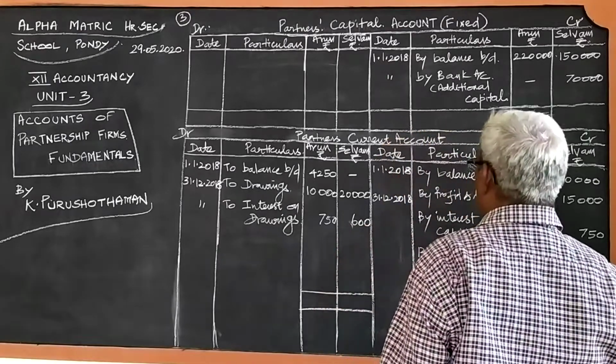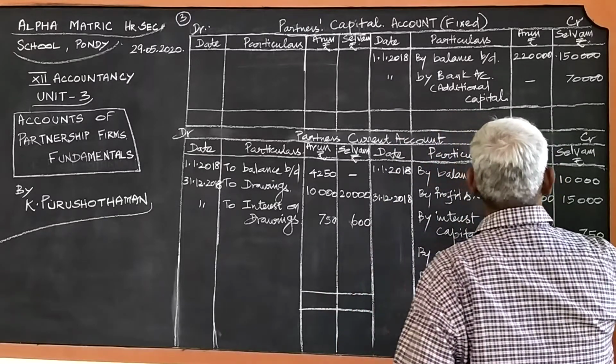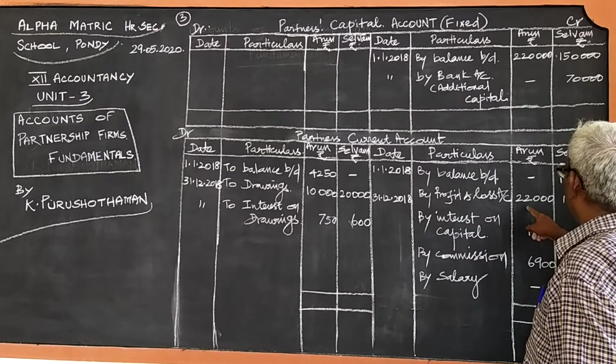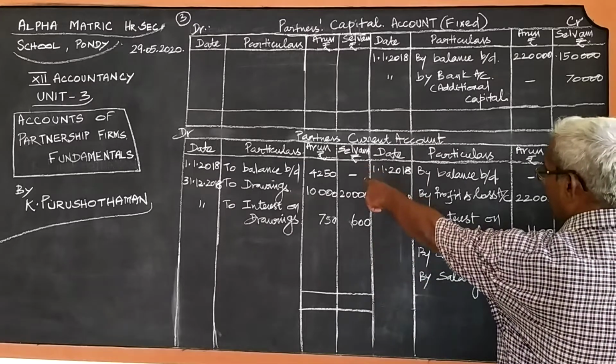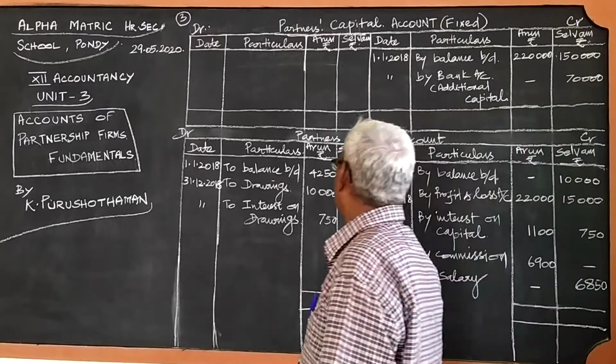Yes, you can see the totals now of Arun here. It comes to 30,000. Here only 14,000 something. So write the greatest total.